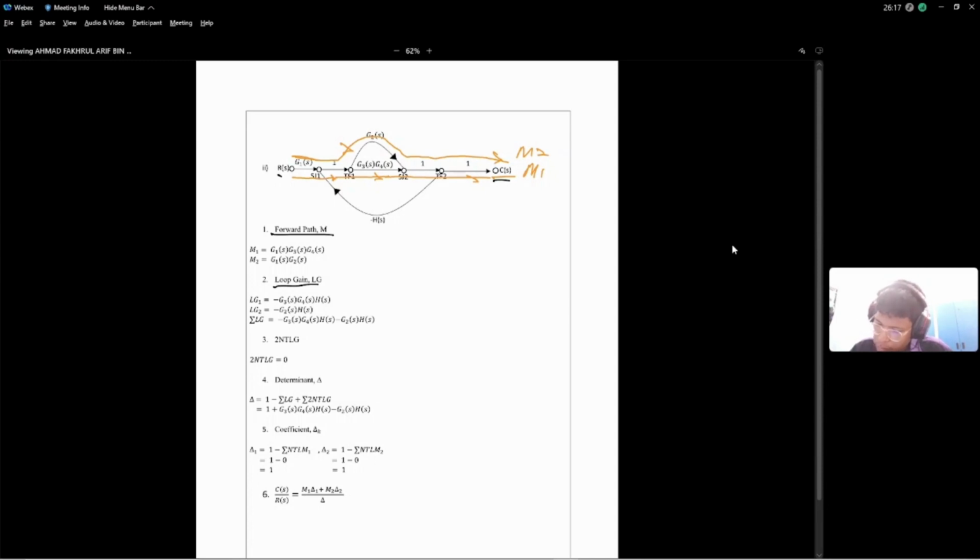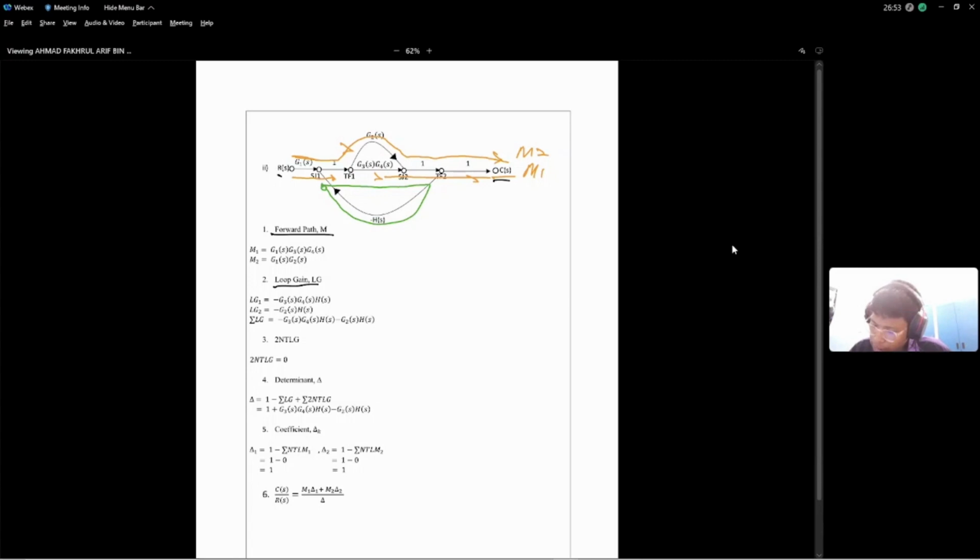Next we need to find the loop gain. How do we find a loop gain? A loop gain is a path that is a closed loop, going around in a circle. Look at the first one, loop gain 1: negative G3, G4 and H(s). So G3, G4 and negative H(s).